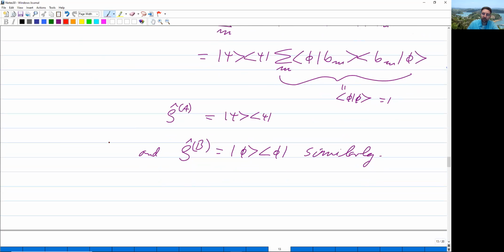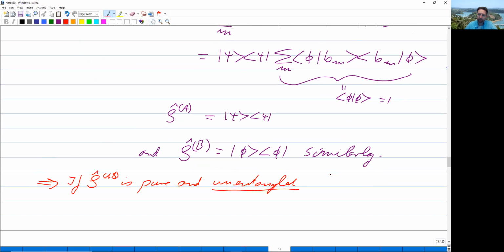So the conclusion that we draw from this is that if rho hat AB is pure and unentangled, then it follows that rho hat A and rho hat B are pure.